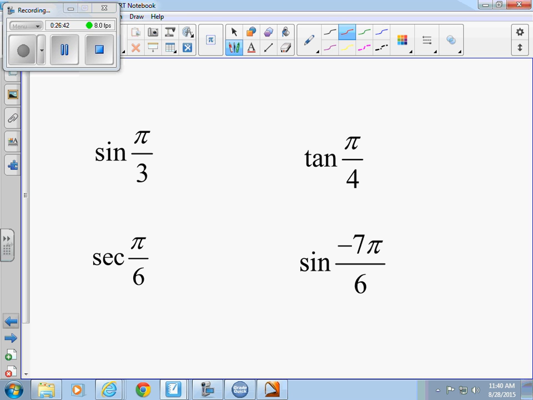Pi over 3 is 60 degrees. When you get 60 degrees, you have to convert it to a degree.